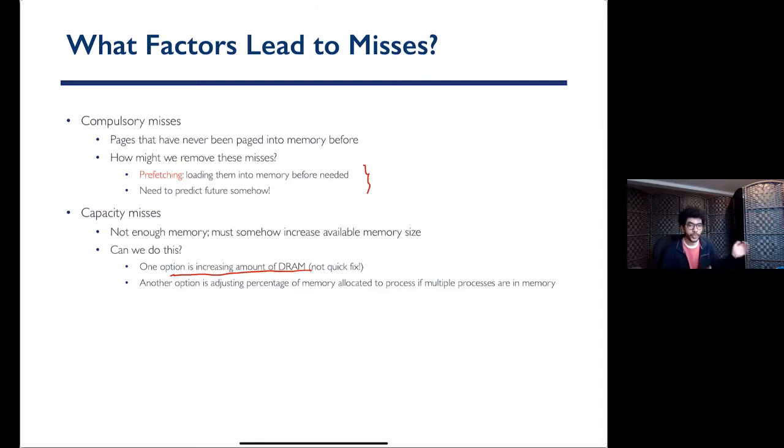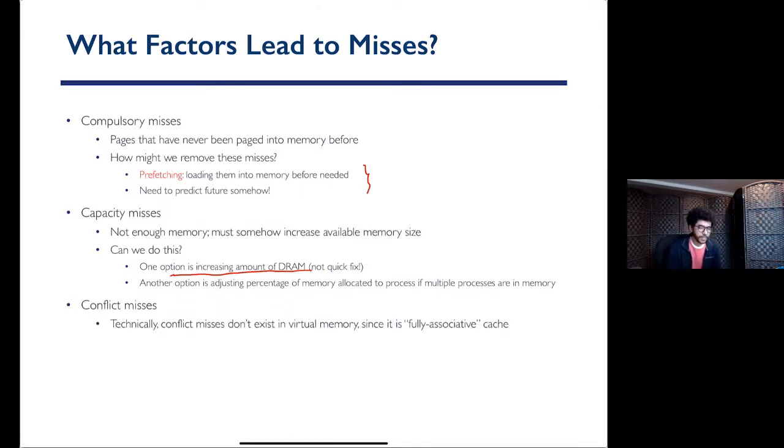So hopefully you bring everything necessary so that you don't get demand paging at startup or boot up of your system. But then when you start running applications, sometimes it's unavoidable, right?